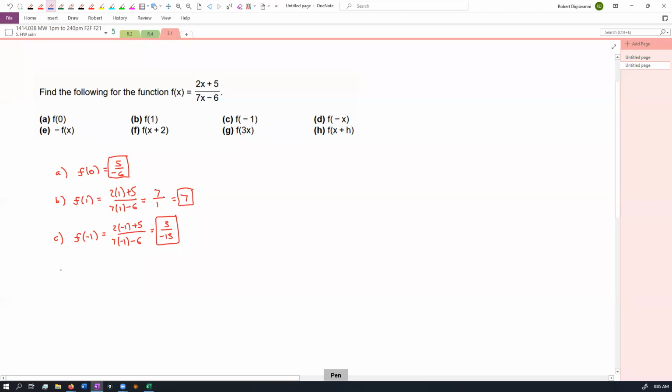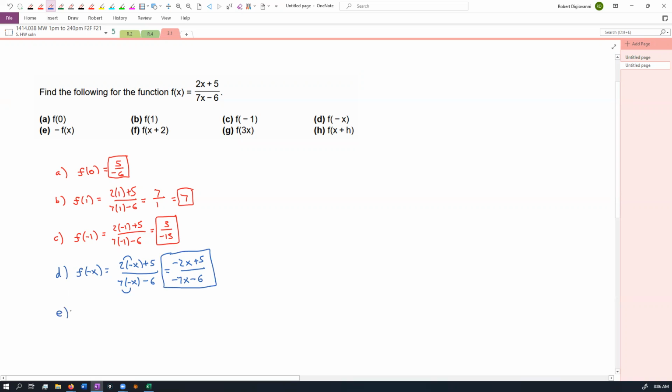I'll do it in blue. Okay, so f of -x becomes 2 times -x plus 5 over 7 times -x minus 6. So when I multiply here to here, I get -2x plus 5. And on the bottom, when I multiply here to here, I get -7x minus 6.